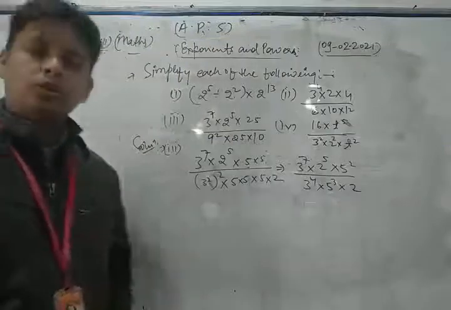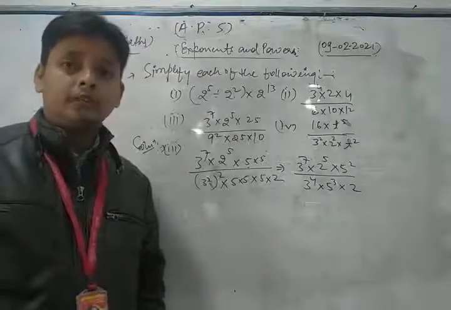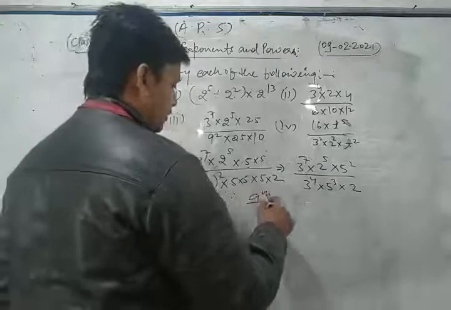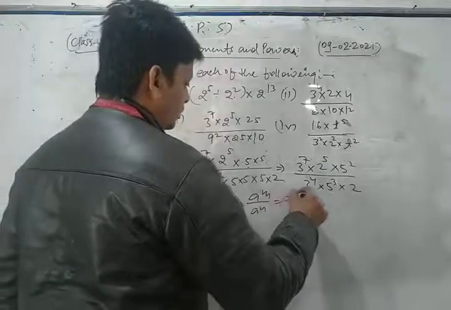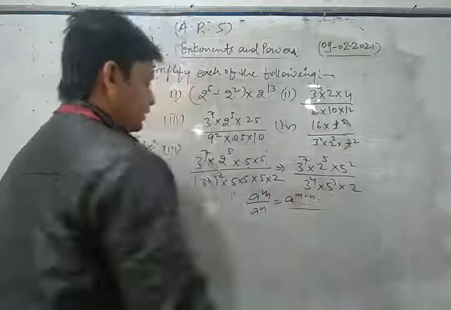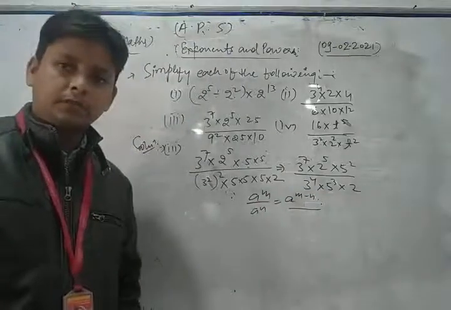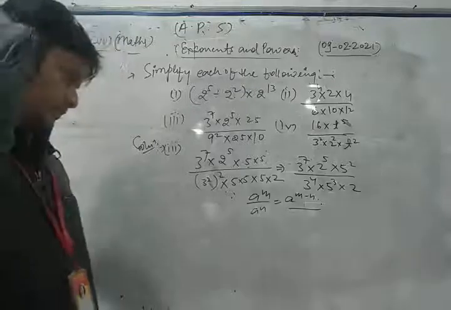Now again here we apply the laws of exponent. Which laws of exponent? a power m upon a power n is equal to a power m minus n. This is a very important and basic law of exponent, okay, dear students.